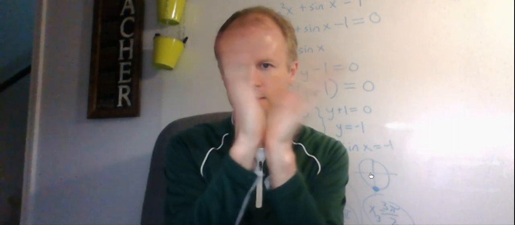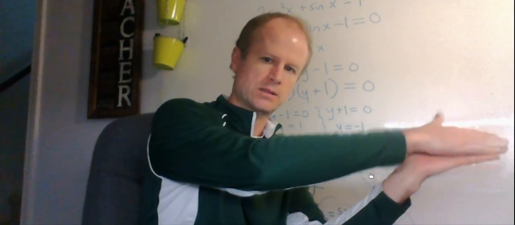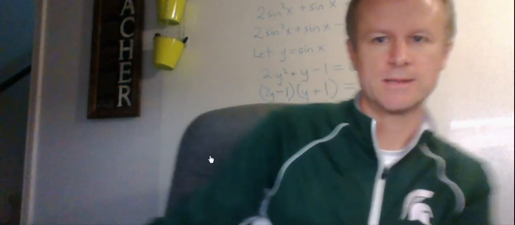So sine is either up here, like this, or it's down here, like this, okay? Cosine is the x coordinate. So cosine is on the side, like this, or like, this is hard to do on screen, but something like that, there we go. So that's your math dance for the day.